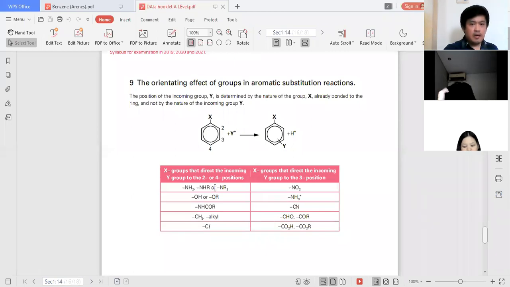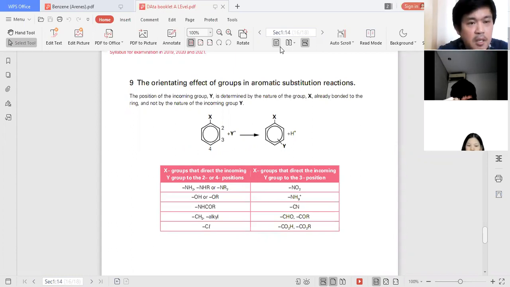NHR, the secondary nitrogen compound. Okay, and then next, OH or OR. What is meant by OR? It can be an ether, OCH3, and then there is NHCOR.